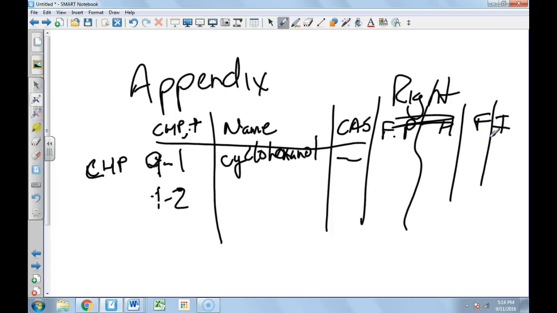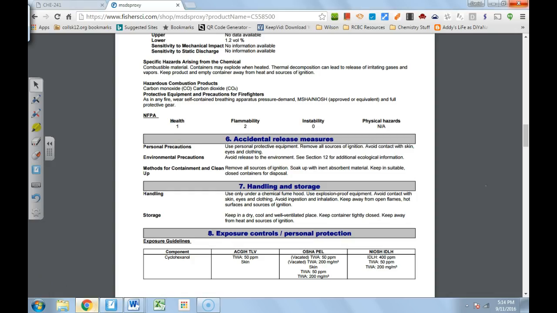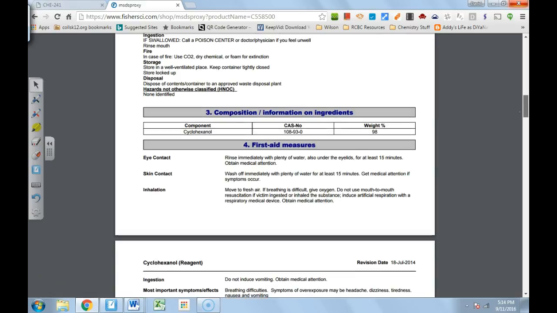Lastly, what you're going to do is include any safety and special handling instructions, like cleanup or things like that. You'll see in here that it gives you handling instructions so that when you get to lab, you know what you're doing.